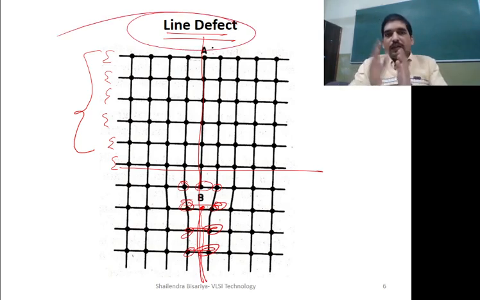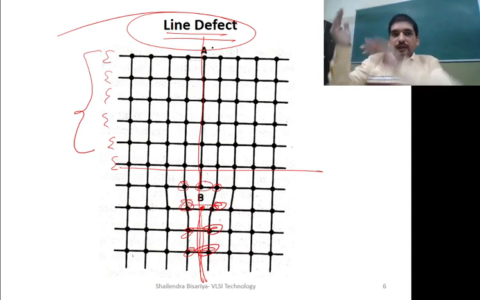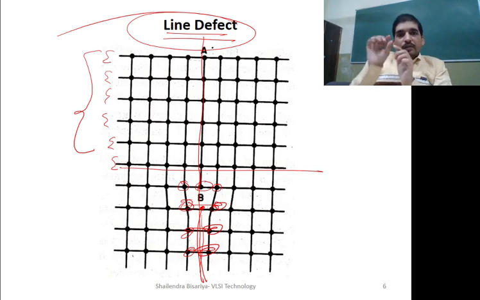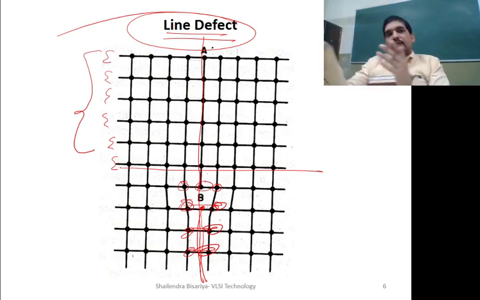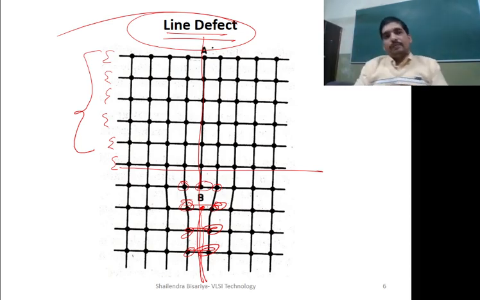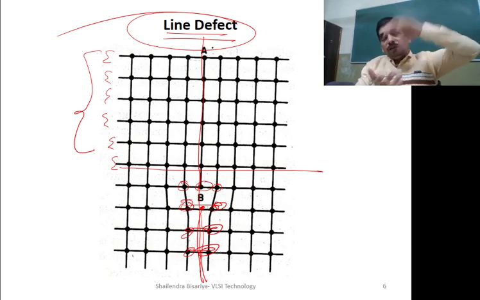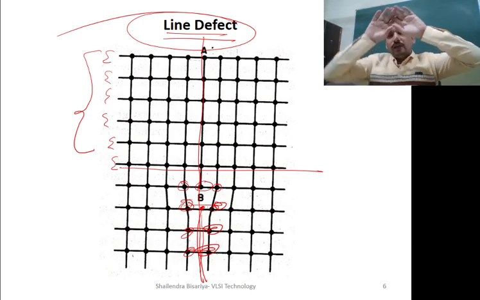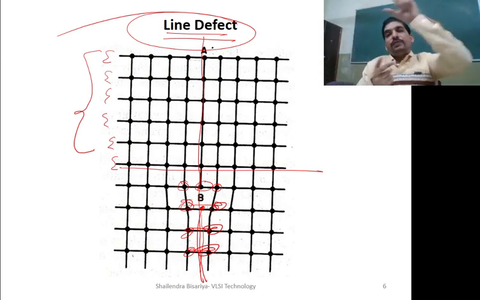That is what basically the line defect is: the periodic structure is maintained as it was, but there is a defect in that one line disappears. Even then the force of attraction is there between the atoms, and so it has attached to the next atom. Similarly, instead of a line defect, we can think in two dimensions, and that becomes the surface defect.